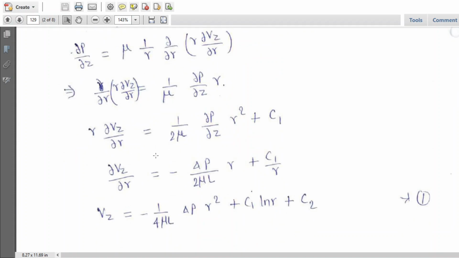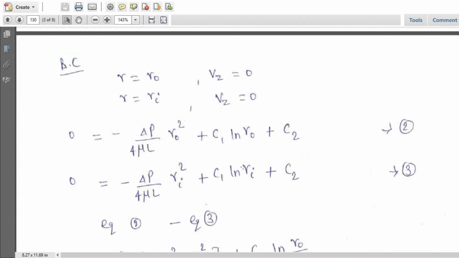If we integrate that and divide by mu, we get del VZ upon del R equal to minus delta P upon 2 mu L R plus C1 upon R. We can integrate it again and we will get VZ equal to minus 1 upon 4 mu L delta P R square plus C1 ln R plus C2. This is equation number 1.